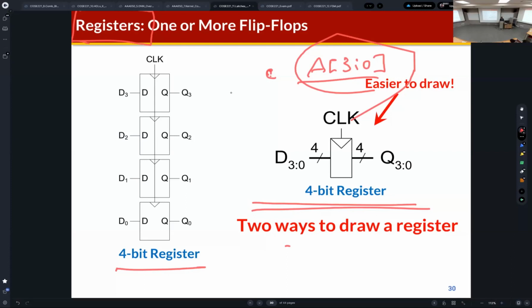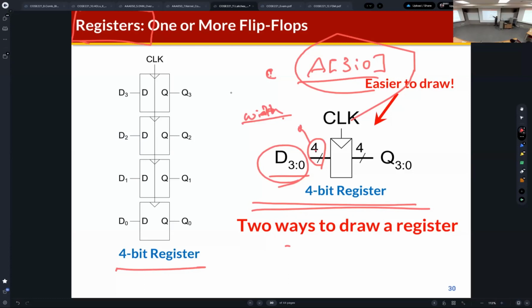As you can see, the multi-bit signal D[3:0] is connected to the input of the register. Then it generates the multi-bit signal Q[3:0]. We frequently use this symbol with a slash and a number, and it represents the width of the signal.